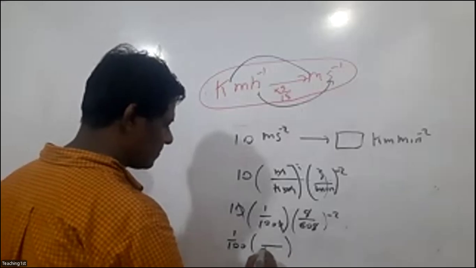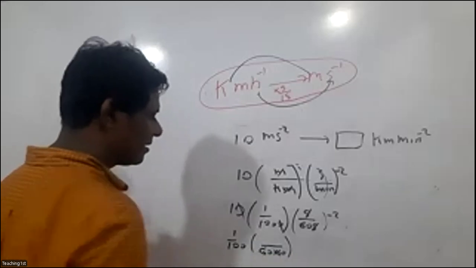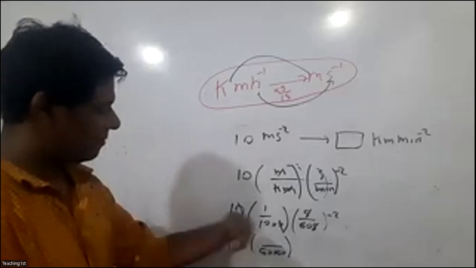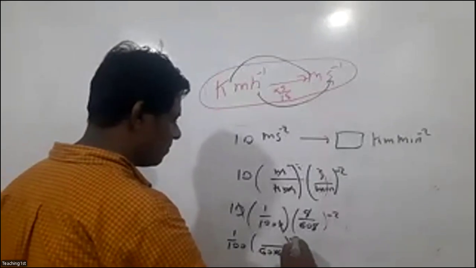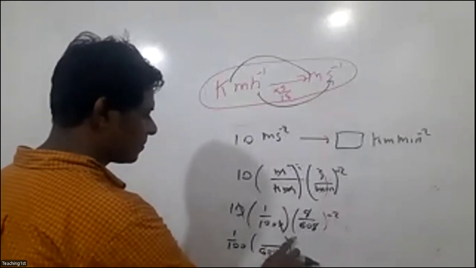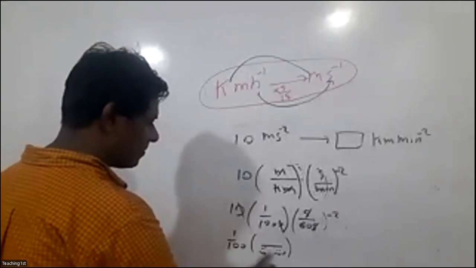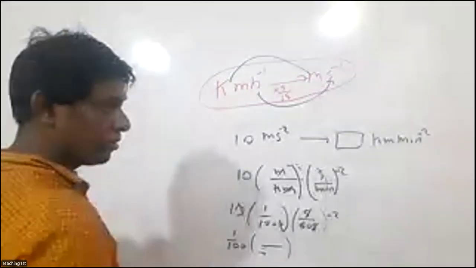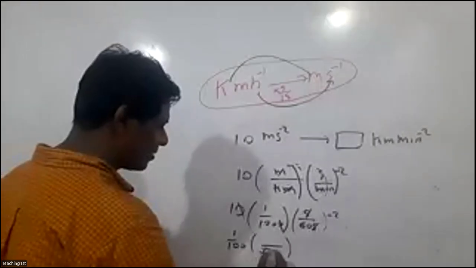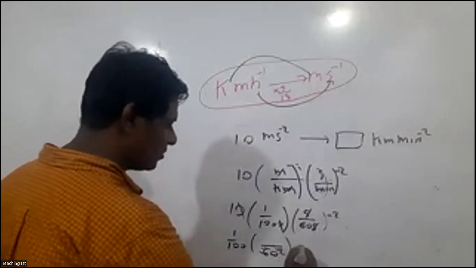That means 60 by 60. But the minus 2 outside means it should come up now because it is a minus sign. 60 to the power minus 2 becomes 60 to the power plus 2.